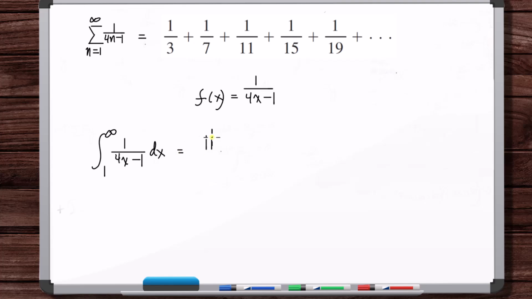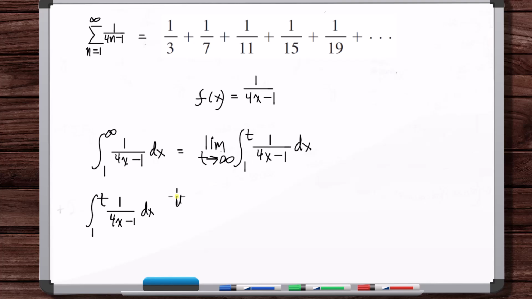So this is equal to the limit, okay, so this integral, we say u is 4x minus 1, so 1/4 du is dx. Okay, when x is equal to 1, u is equal to 3.